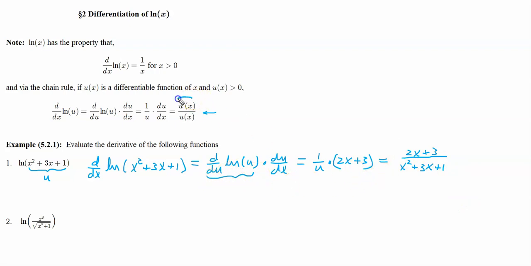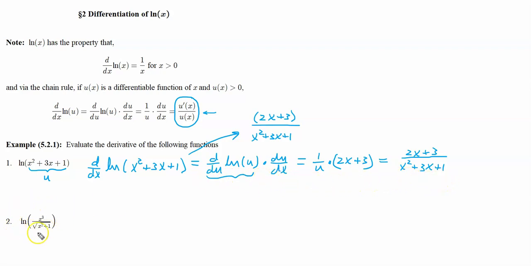You could simply jump straight to this step right here and say that the derivative of this function is just the derivative of u, which is 2x plus 3, over u. But if you're thinking of applying the chain rule, this is how you would do it down here.